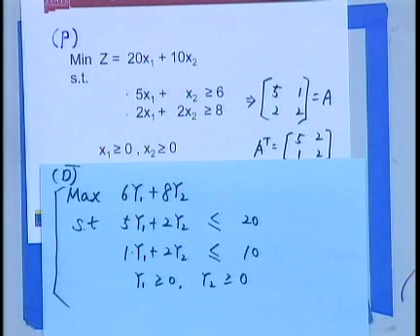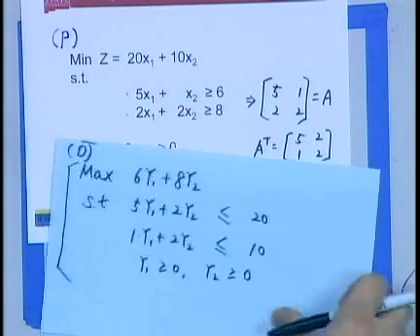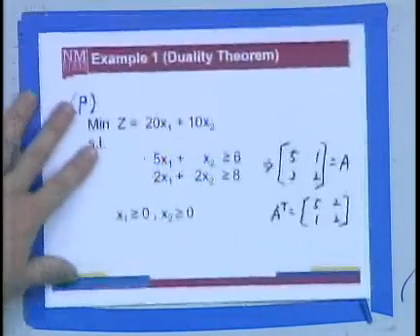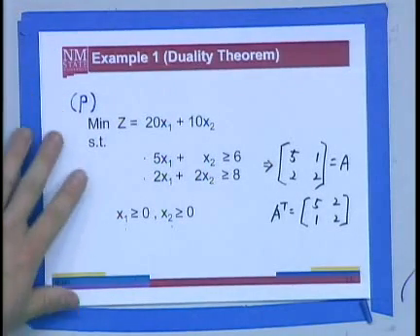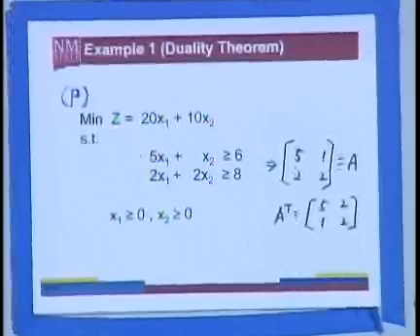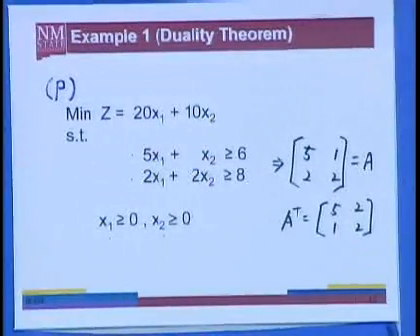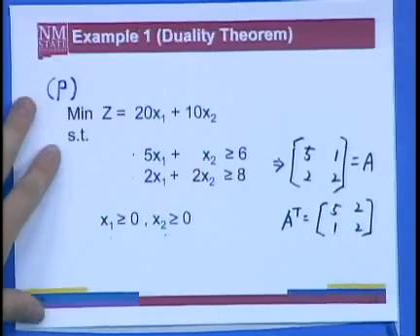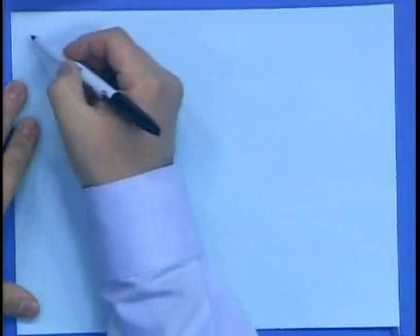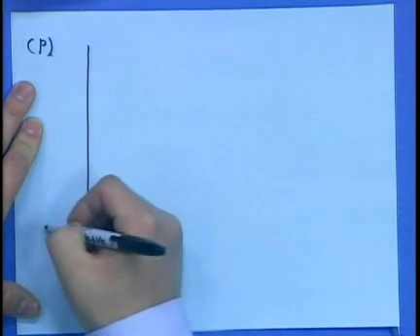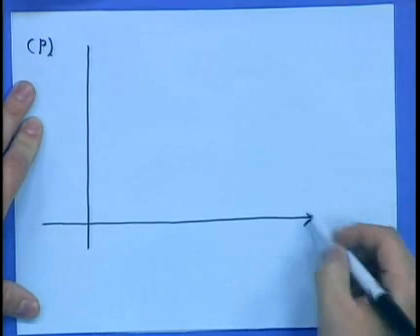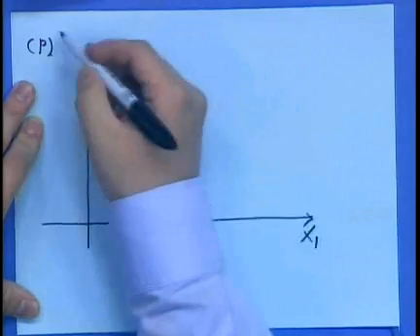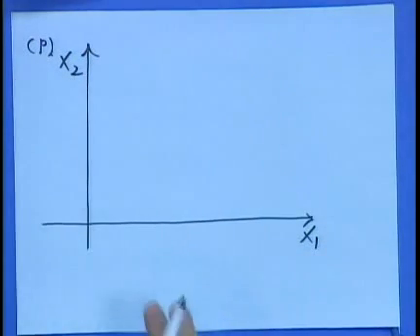Okay, now let's try to solve the primal problem graphically, because it has only two decision variables. So the graphical method does work very well, right? The horizontal axis is x1, the vertical axis is x2, right?